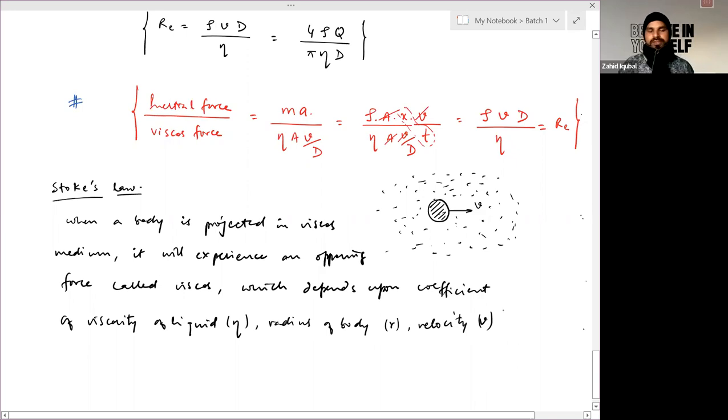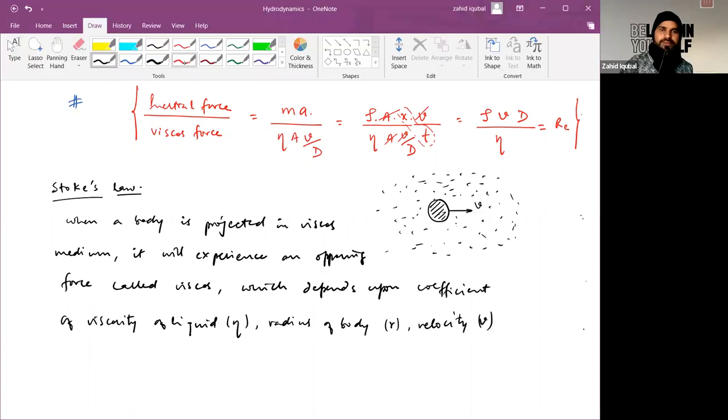So on the basis of these three different parameters, we have to calculate viscous force.